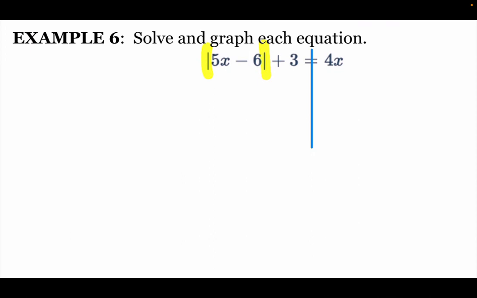First step, do we need to do the first step? Yeah, right? We have to get rid of that plus 3. So to get rid of it, we do the opposite. Subtract 3 from both sides.